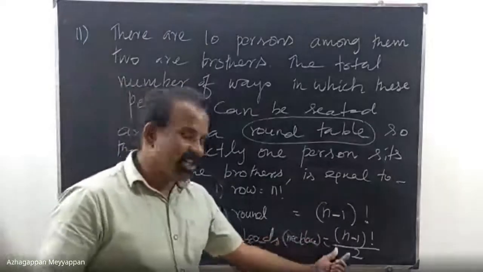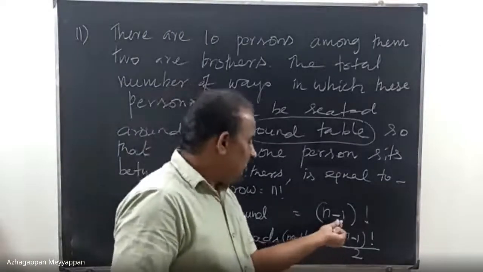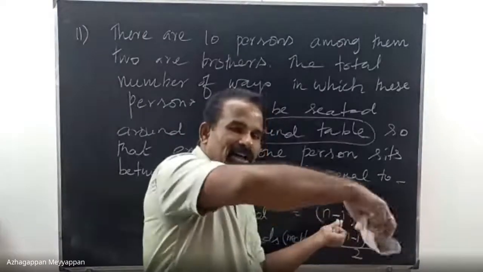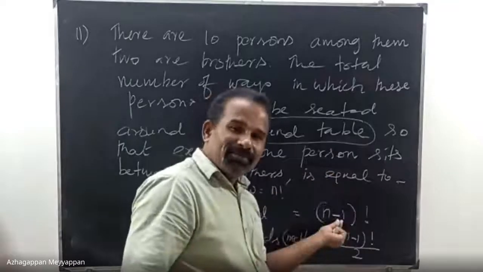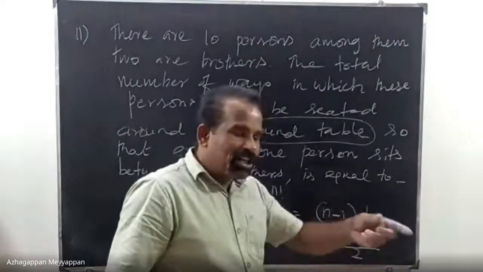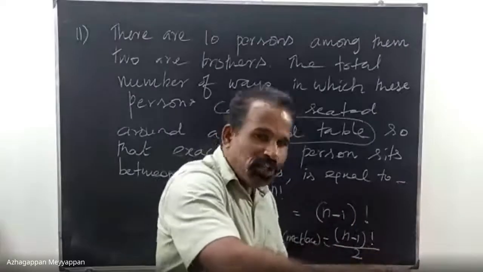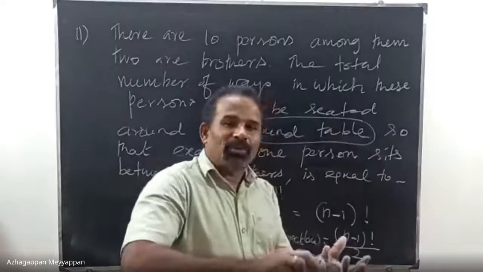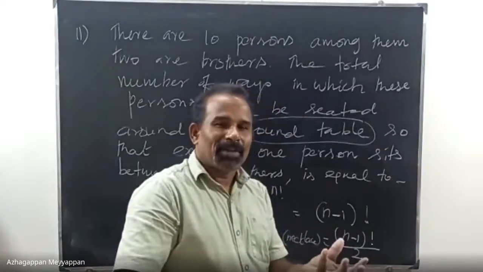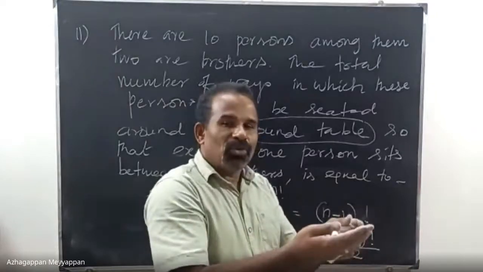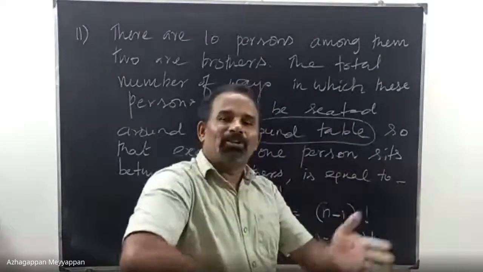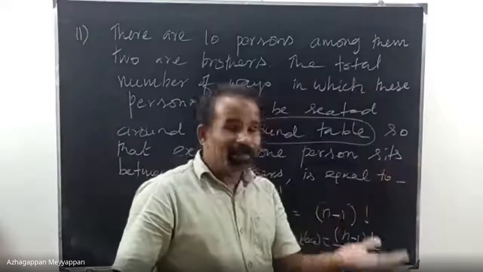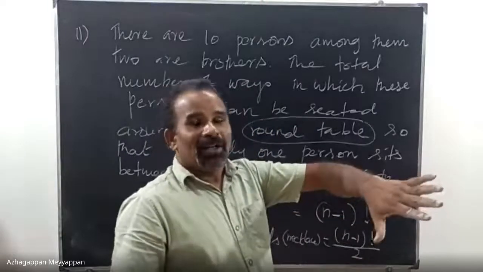In a round table, clockwise and anti-clockwise are different arrangements. But in a necklace, no anti-clockwise, no clockwise. Because if you turn it upside down, clockwise will become anti-clockwise and anti-clockwise will become clockwise.